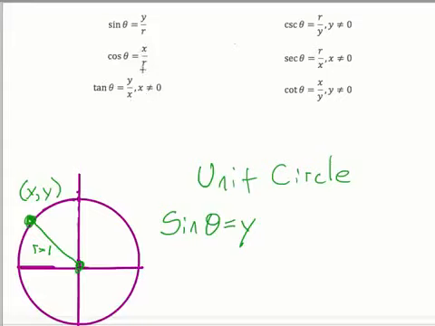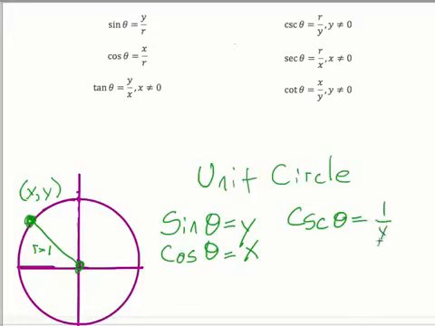Cosine theta instead of being x over r will be just plain old x. Tangent and cotangent are unchanged. Cosecant theta is the reciprocal of y, 1 over y, and secant theta is 1 over x.